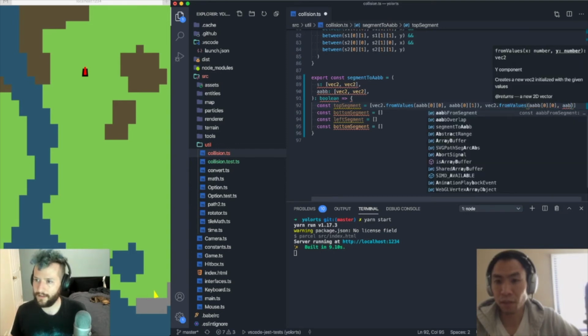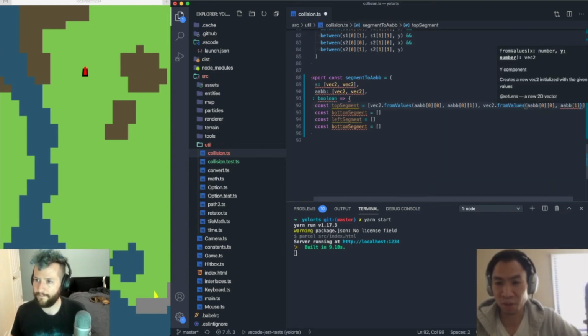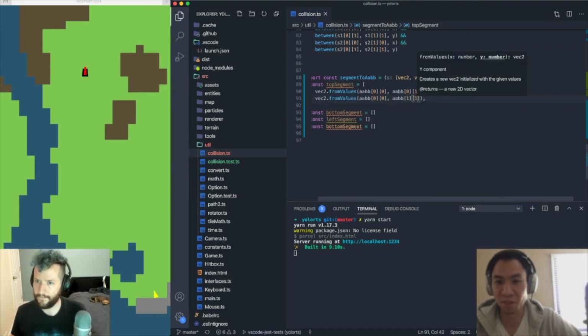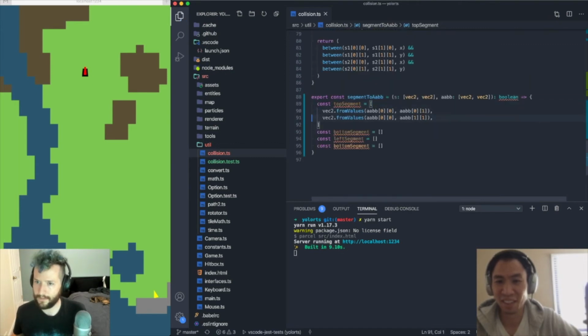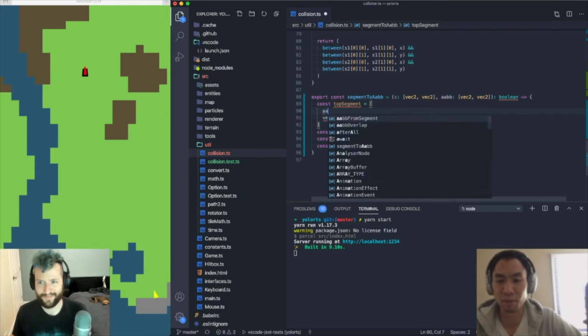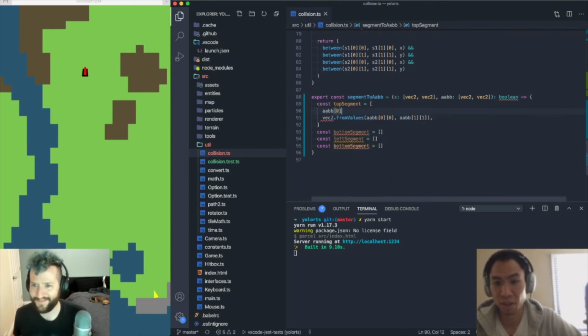Yeah, you don't even need to do from values on that first one, right? I think you're just describing AABB 0. I'm just describing crap. Wait, but we need 2 points. Oh. Yeah, that's what I meant. It's just like that, yeah, exactly. The expression on line 90 is just AABB 0. That's totally correct.